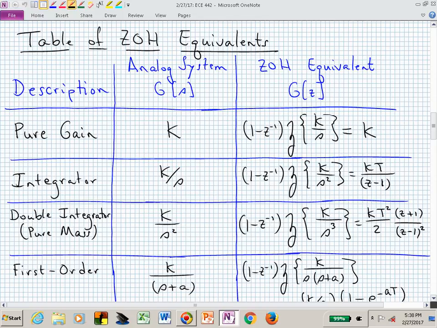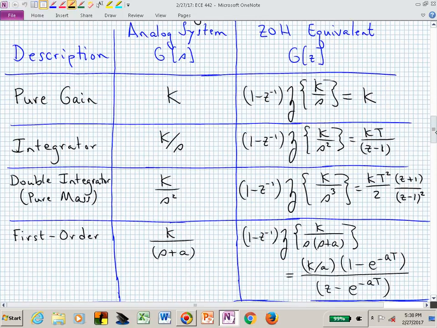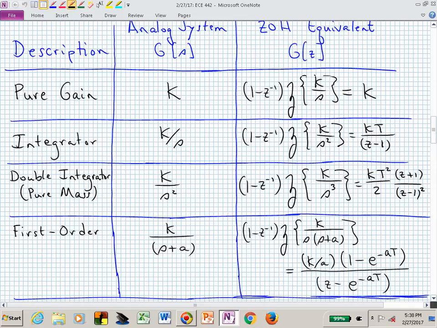And we have it for a pure gain, an integrator. Now we have a pole at z equal 1 in the g of z, and that's consistent with a pole at the origin in the s domain. If we had a pure mass or a double integrator, now we have two poles at z equal 1, and we also now have a 0 at z equal minus 1, which is a very fast 0 in our zero-order hold equivalent.